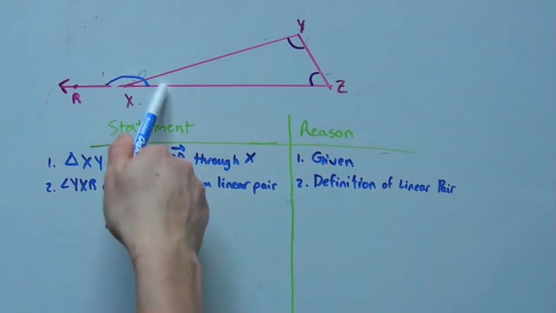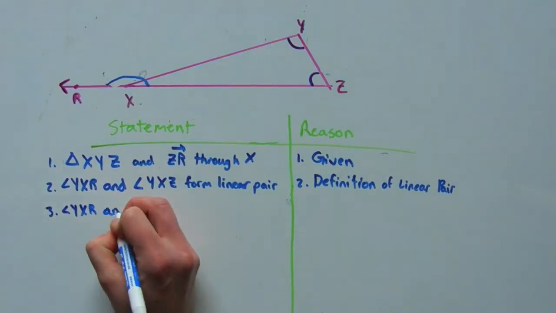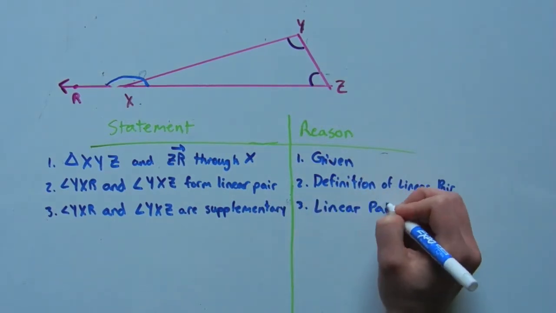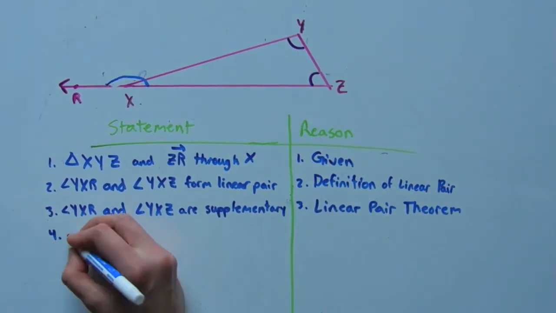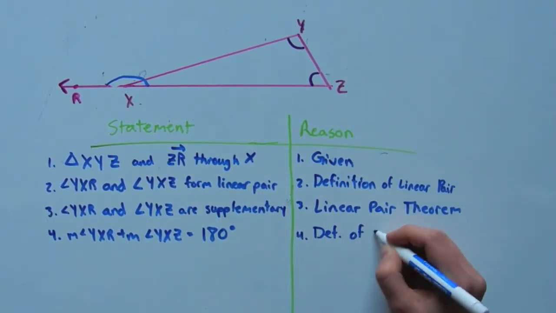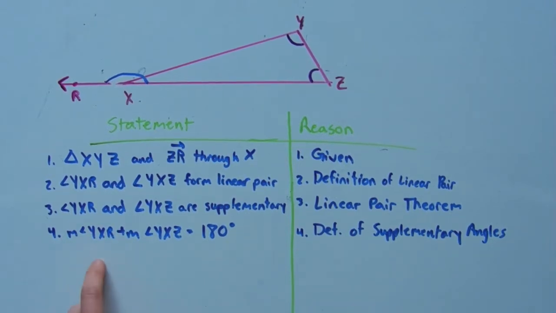And since those two angles form a linear pair, by the linear pair theorem, they're supplementary. And since those angles are supplementary, the measure of angle YXR plus the measure of angle YXZ equals 180 degrees. And that's by the definition of supplementary angles.